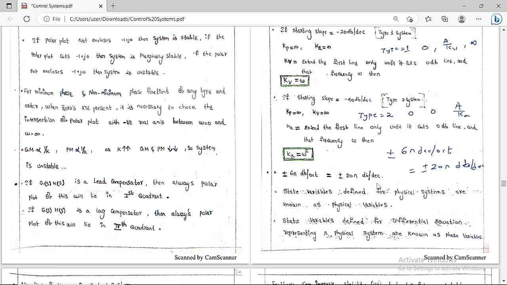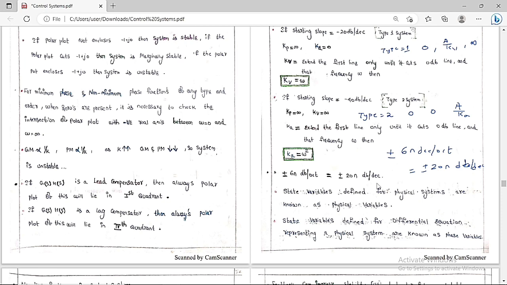So here we are going to get plus or minus 6n decibels per octave is always equal to plus or minus 20n decibels per decade. This one you always have to keep in your mind. The next point is state variables defined for physical systems are known as the physical variables.